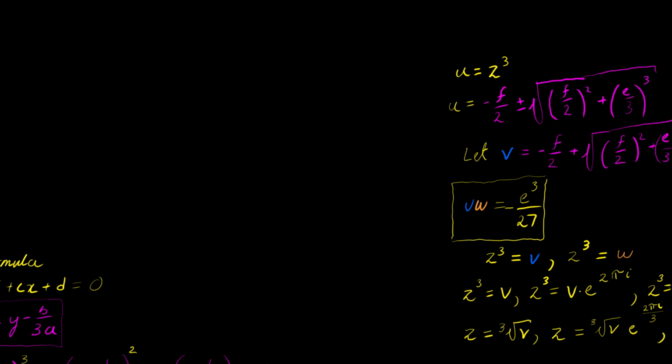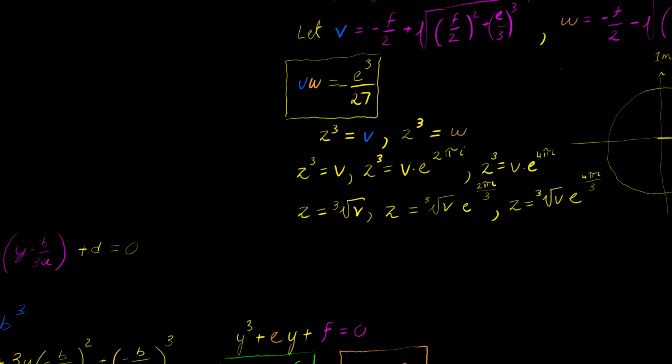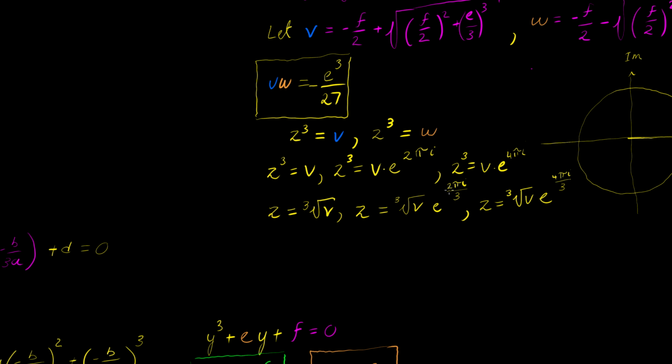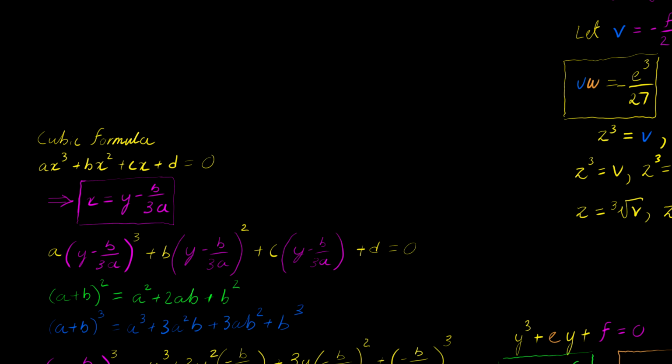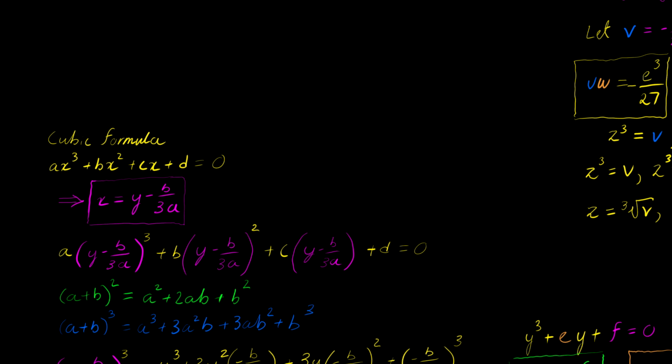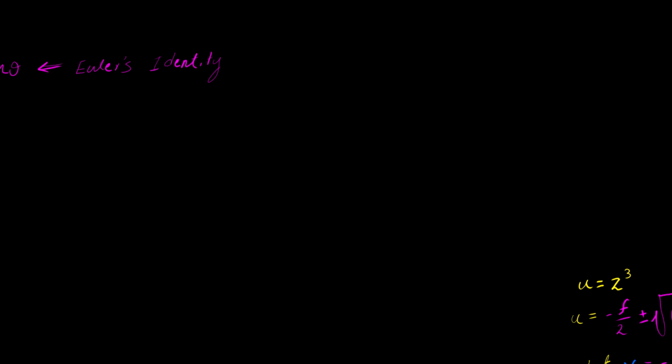If we take a look at our possible values for z, we've got this e to the 2 pi i over 3 and this e to the 4 pi i over 3, but what does that really mean? Well, we can go ahead and expand them using Euler's identity to help us simplify them.